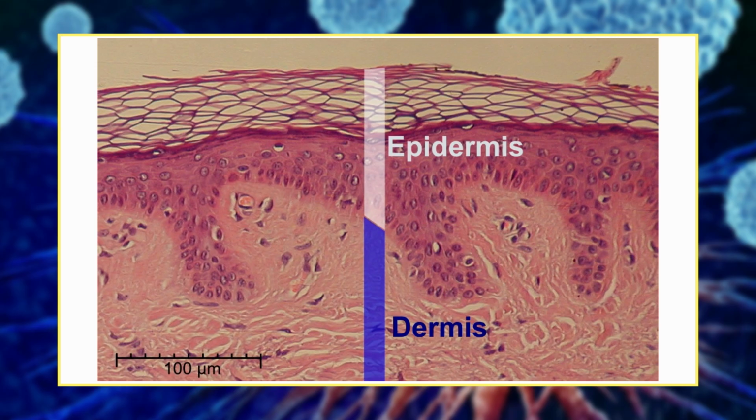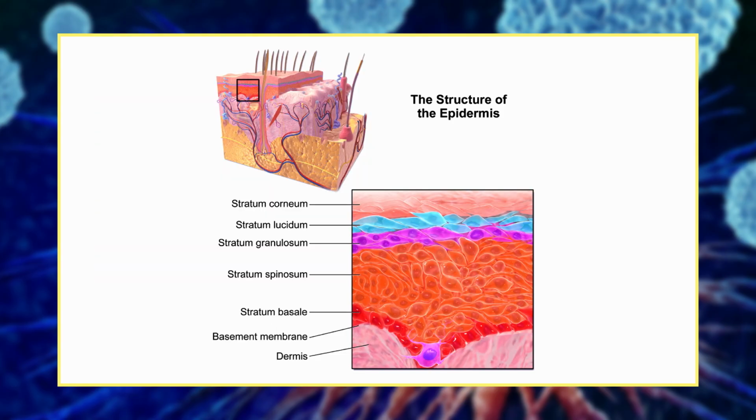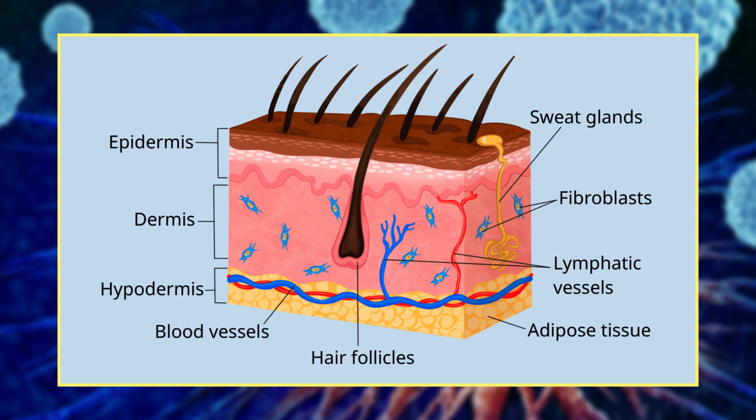Second, the skin, comprising the outer epidermis and the inner dermis, blocks most of the microorganisms. The epidermis consists of tightly packed epithelial cells with the keratinized outer layer offering waterproofing, while the dermis contains blood vessels, follicles, and glands.